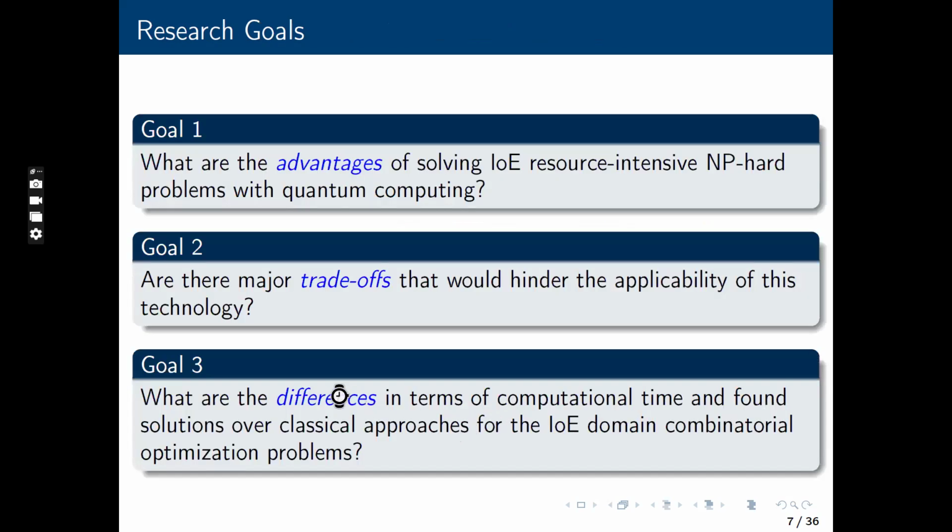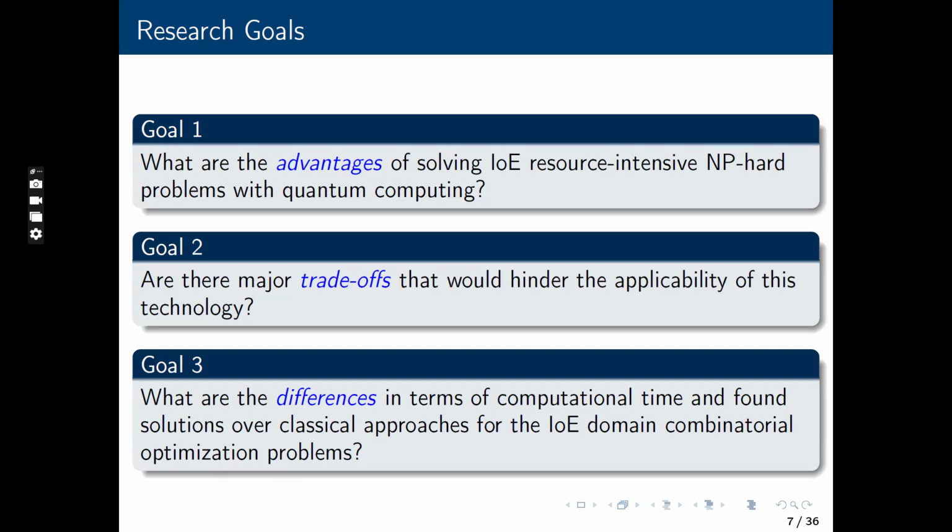Throughout my research, I have been trying to figure out the answer to these three following questions. The first one is, what are the advantages of solving these optimization problems with quantum computing? What are the major trade-offs that we may face and that may challenge the applicability of this technology?